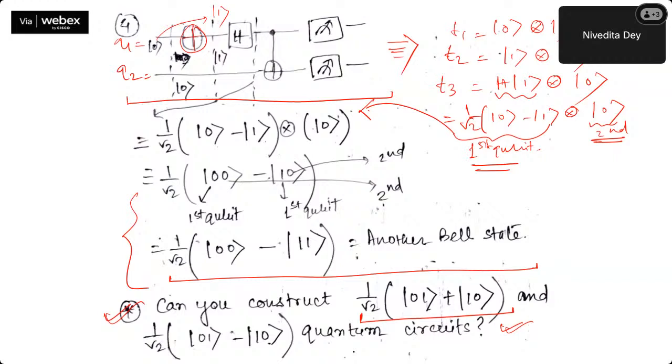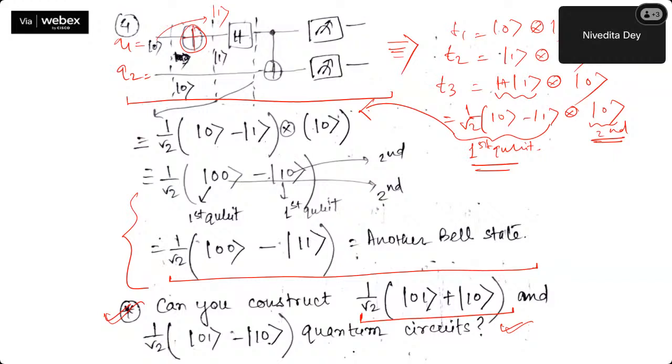Let others also take 1 minute for this. So |01> and |10>, this is what I want, either a plus or a minus. Okay, NOT on Q2.